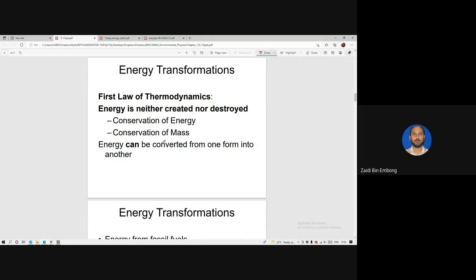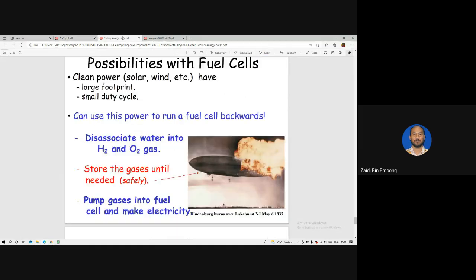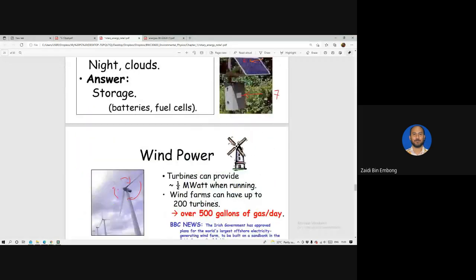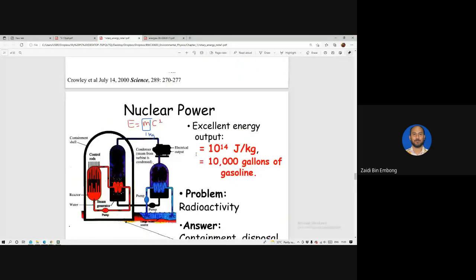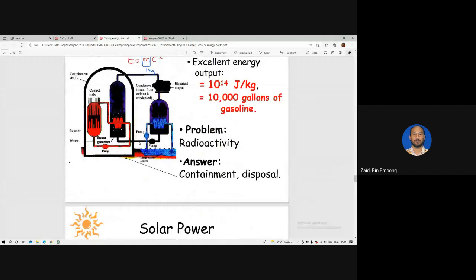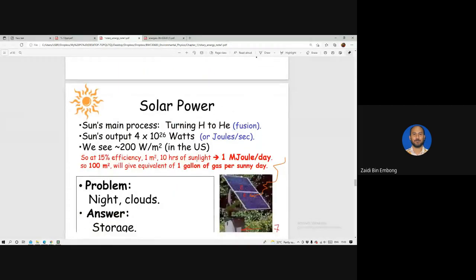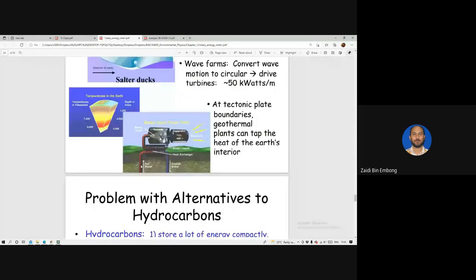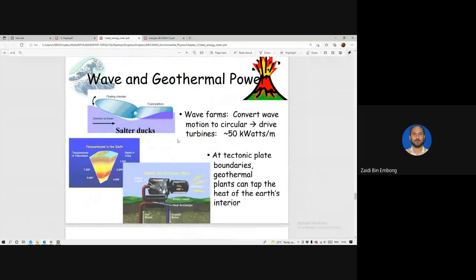Because, as I said in the previous examples, in all the examples that I gave you just now, energy is transformed. From what? Mechanical to electricity. Maybe this one is from heat to electricity.